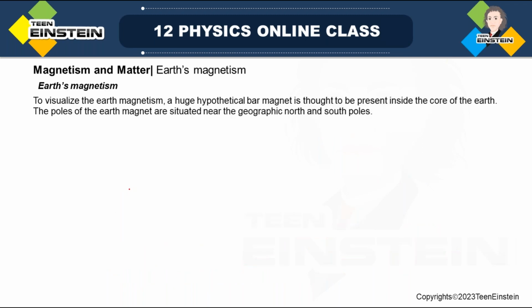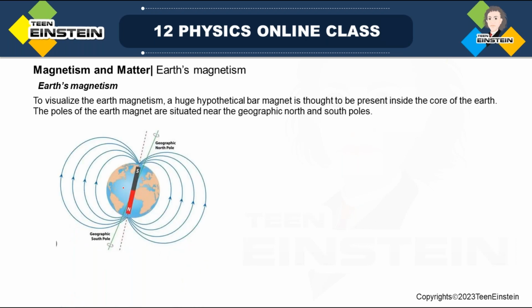To visualize Earth's magnetism, we can hypothetically think that there is a huge bar magnet through the core of the Earth, and the poles of that bar magnet are situated near the geographic poles.